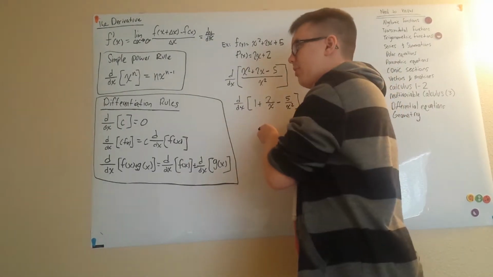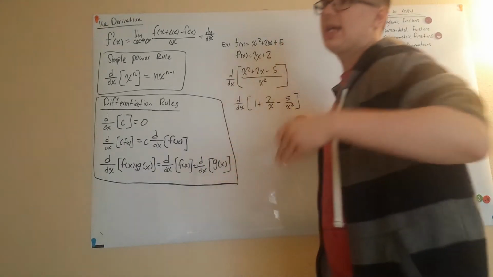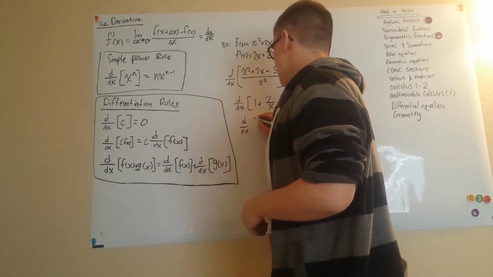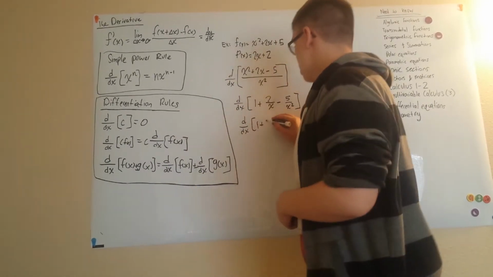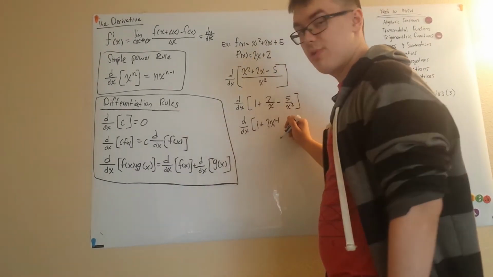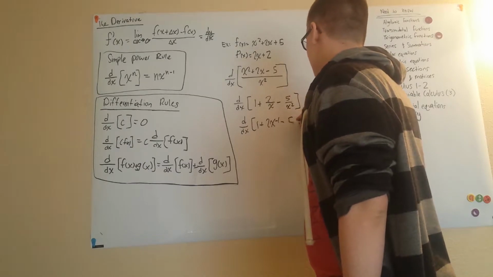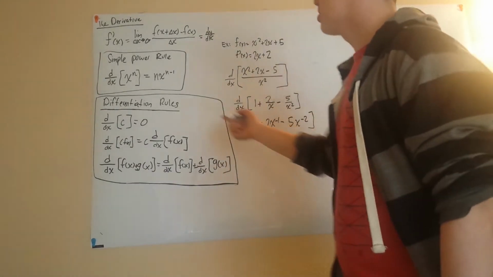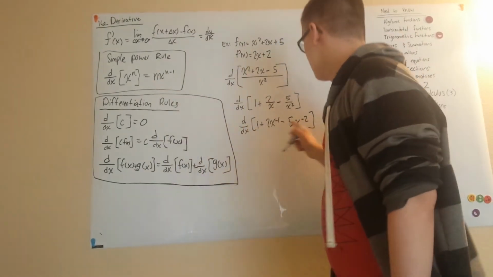We can't take a derivative; there's no rule. We'll make it into something that we have a rule with. So that's just 1 plus 2x to the negative first power, minus 5x to the negative second. Now we can do it, because now we can use simple power rule.